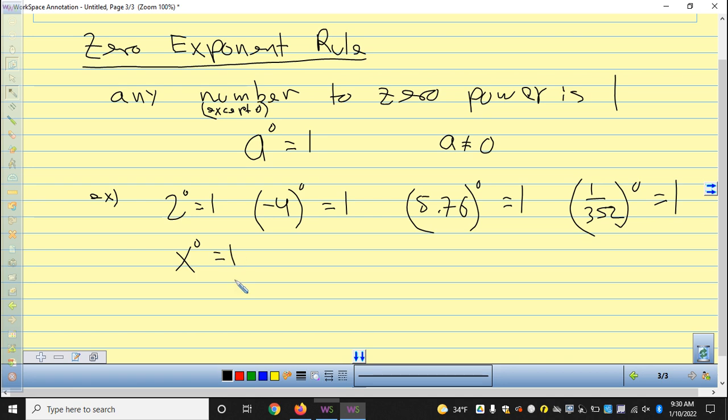Anything that we raise to the 0 power, as long as this thing is not 0, which we won't run into here, is 1. So that's a nice rule when it's always that way. Any number to the 0 power is 1. Always.